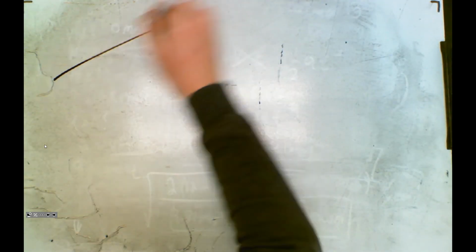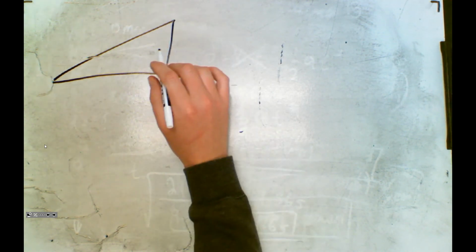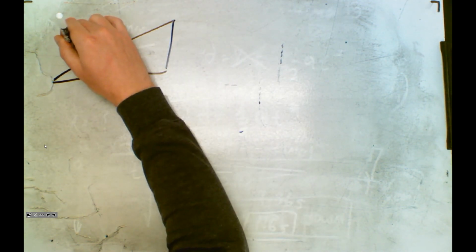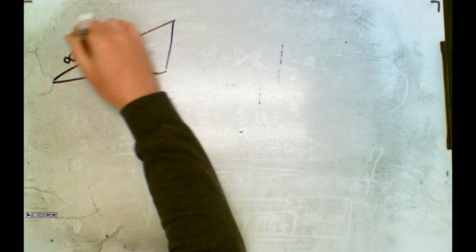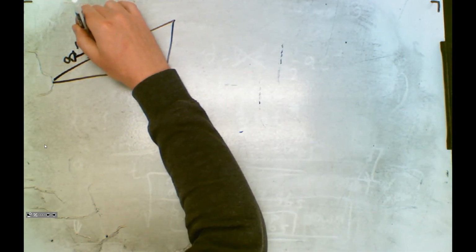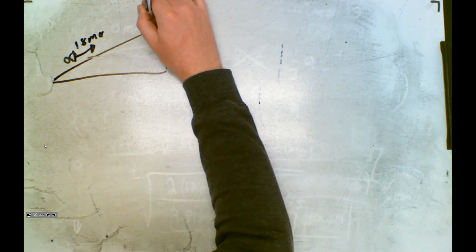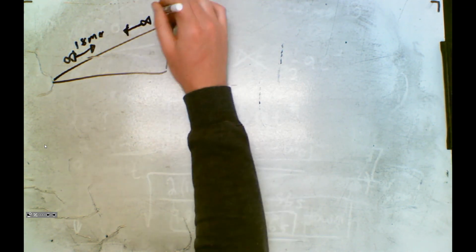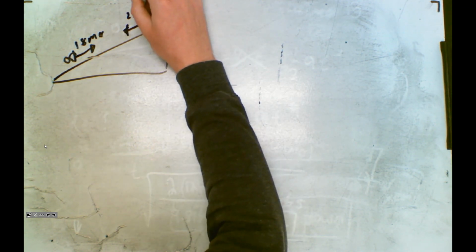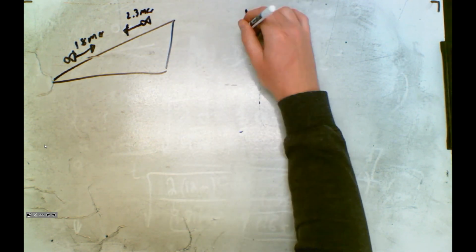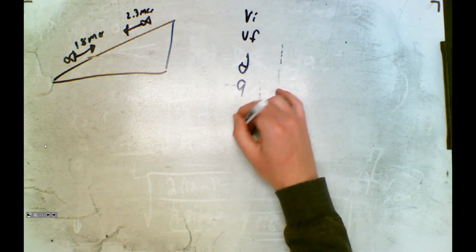So the fish is initially rolling up the hill. This is my fish. It's rolling up the hill at 1.8 meters per second, and then it's rolling down the hill at 2.3 meters per second. So we VI, VF, DAT this.